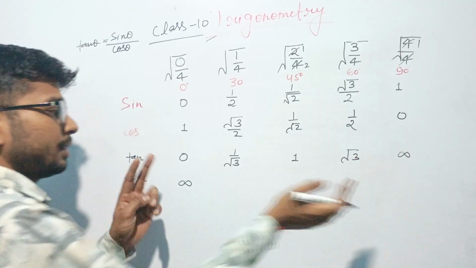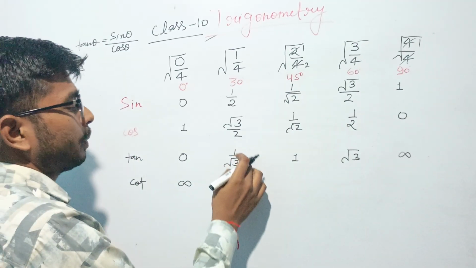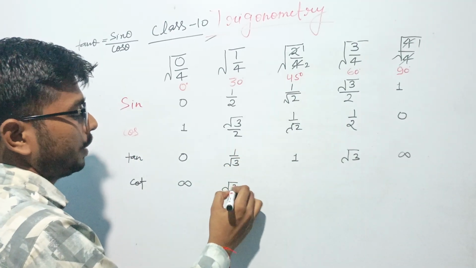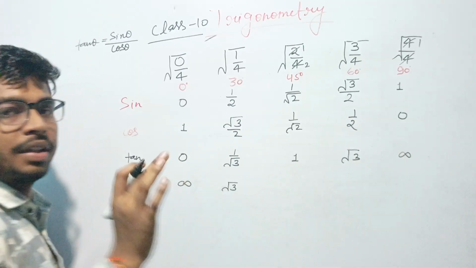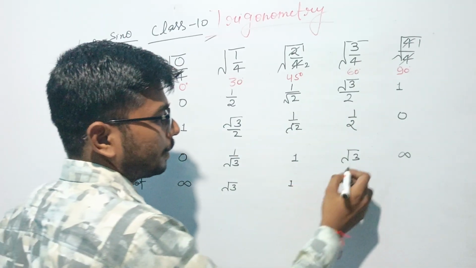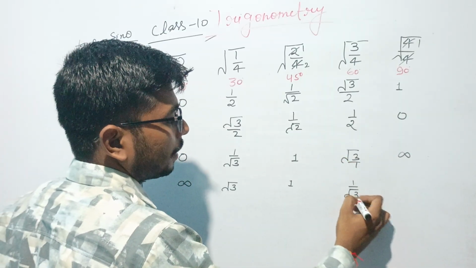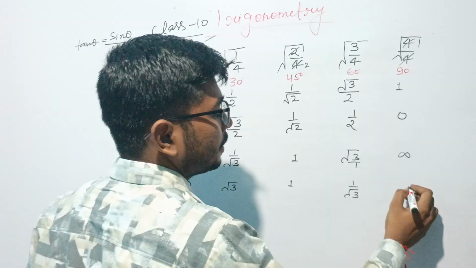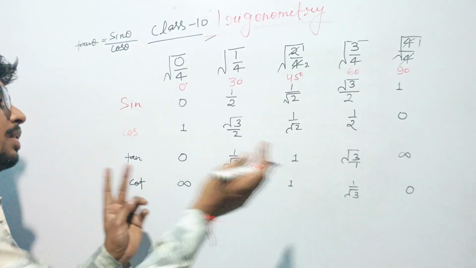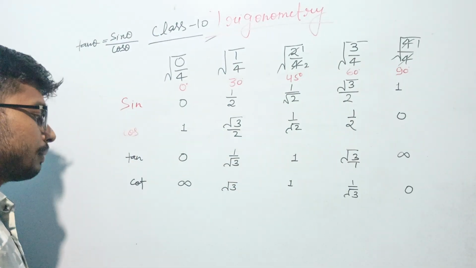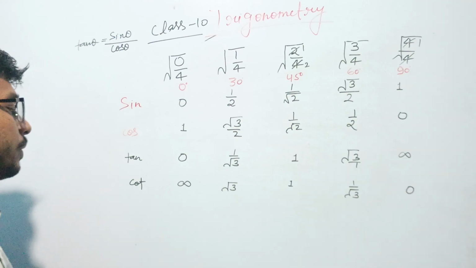Reciprocal of 1 upon root 3 is root 3, and reciprocal of infinite is 0. Otherwise you can just reverse this table, so you will get the value of cot.